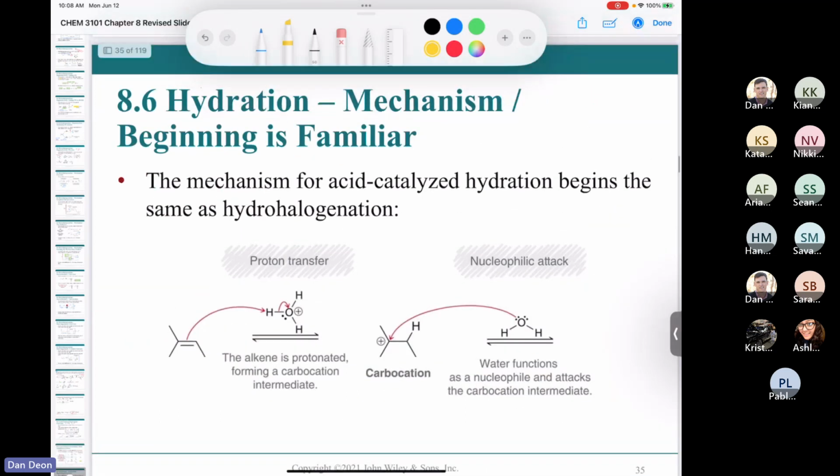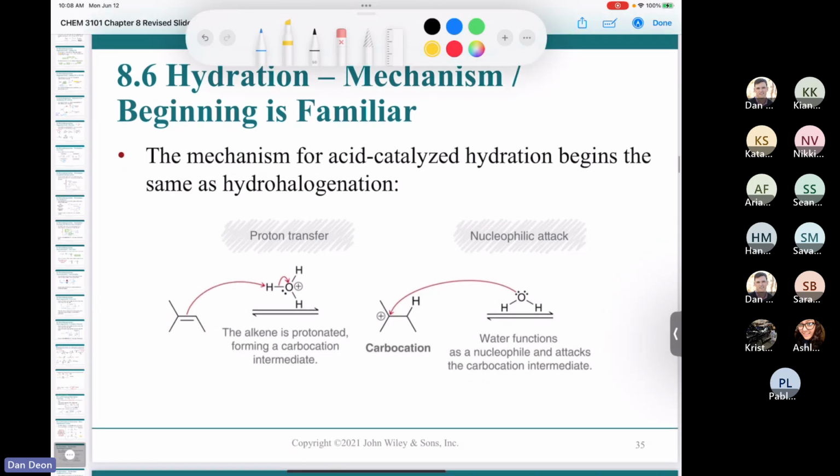Now, if we look at the mechanism, it's very similar to that of the hydrohalogenation reaction. The first step is a proton transfer, and we form the most stable carbocation. You can see that you form a tertiary carbocation here. If the proton was added to this carbon, then you would have ended up with a secondary carbocation. That's why we get Markovnikov addition.